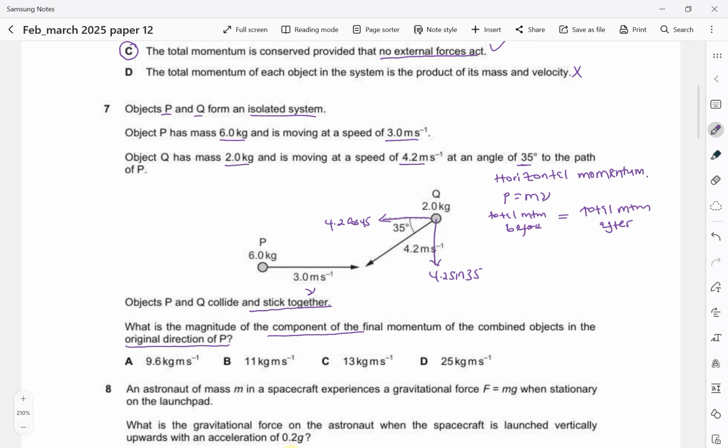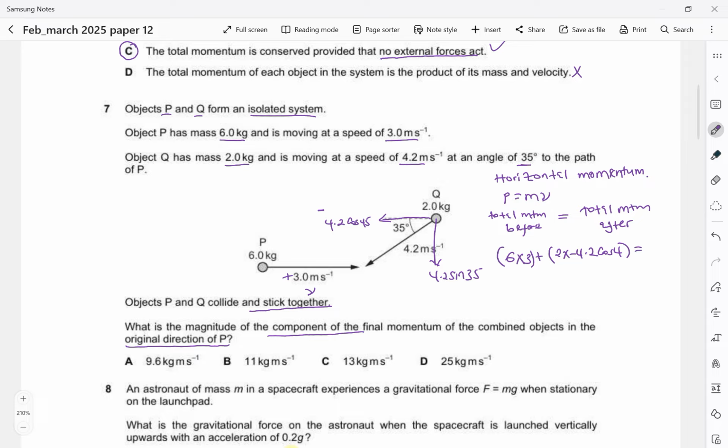So total momentum before collision, let's say momentum to the right is positive, momentum to the left is negative. So to the right, it is 6 times 3, that is for P, then plus, for Q, because it is moving to the other side, momentum to the left is going to be negative, so this is going to be 2 times negative 4.2 cos of 35. So velocities to the left are negative, velocities to the right are positive.